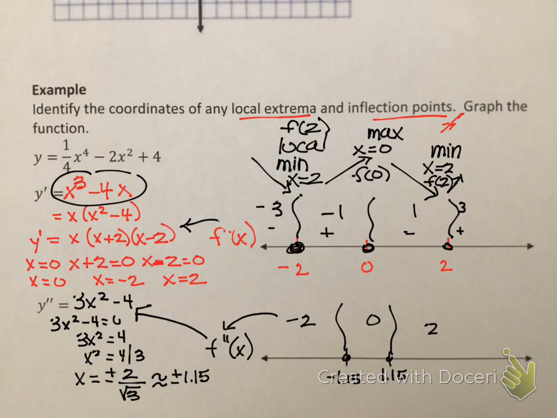When I plug those values in, let's just do one. When I plug in a -2 and square it, a positive times a positive is positive. It's larger than a 4, so this will be a positive value. I repeat the process, and so I know that my function is concave up in this region, down in this region, up in this region.